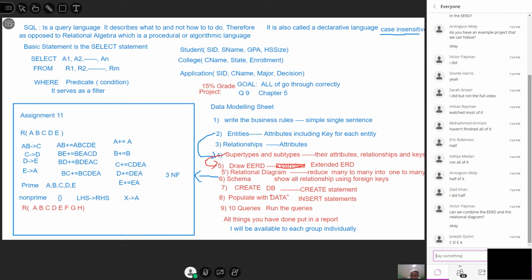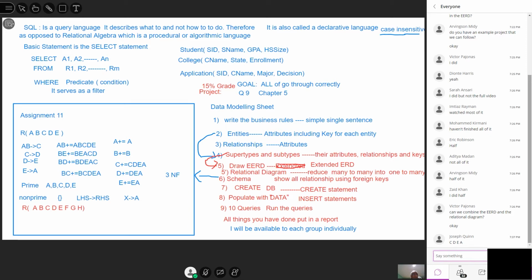A determines C, A determines B. And then I have here AE determines B, and AE determines H. Okay, now let's look at this quickly.